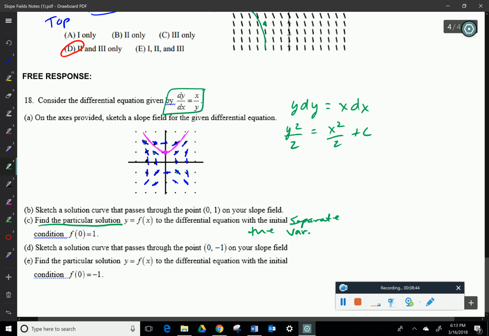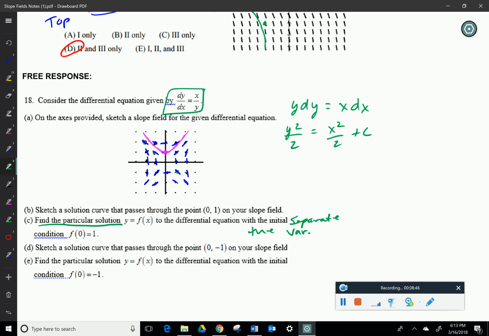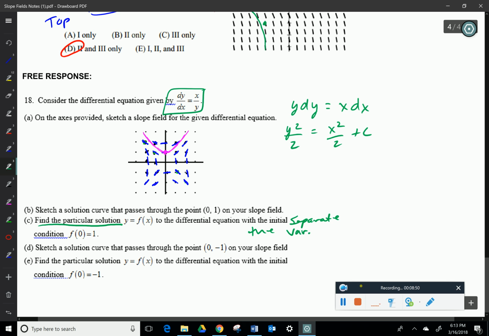Notice I could go ahead and plug in my ordered pair if I want. My ordered pair is 0, 1, right? So if I plug in 0, 1, I'm going to get 1/2 equals 0 plus c, right? So c is 1/2. So y squared over 2 equals x squared over 2 plus 1/2.